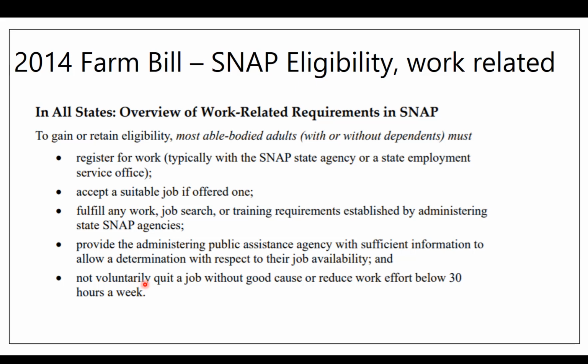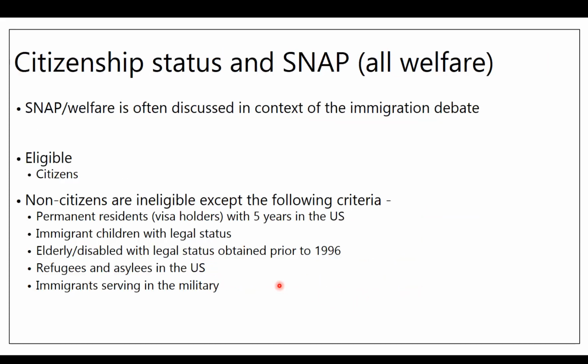And then, of course, if you have a job or you get a job, you can't quit or go below 30 hours a week without cause. And again, you'll work with that agency to determine that.